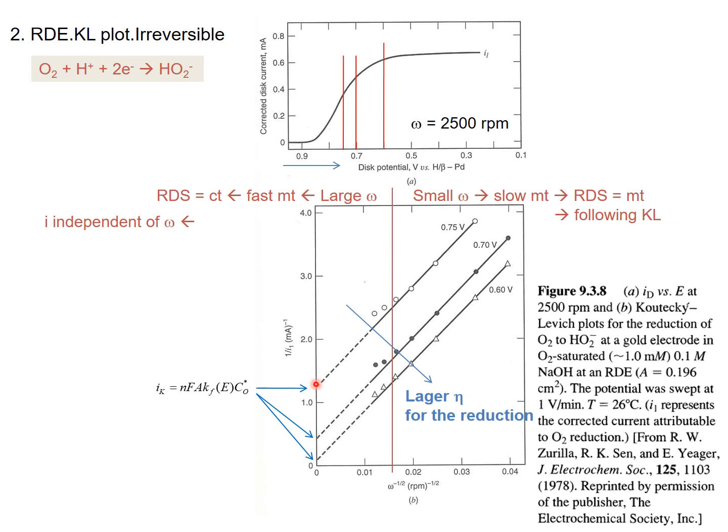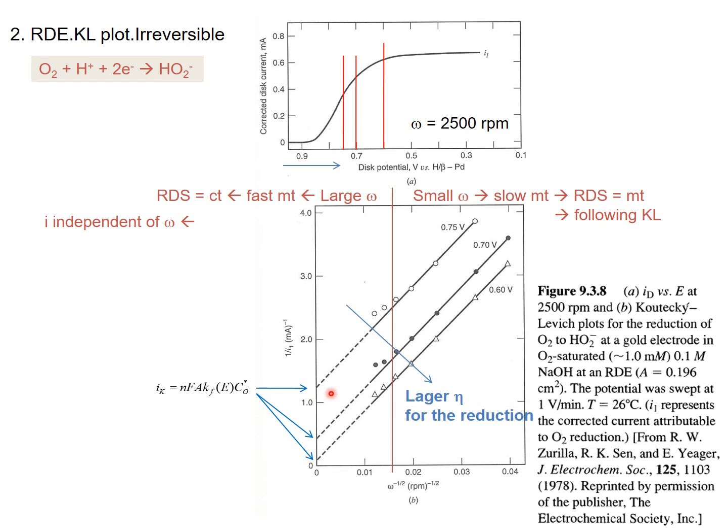Then the Koutecký-Levich plot for 0.75 volt is shifted upward from the 0.60 volt case. All of the 3 lines have the same slope. However, you can find different y-intercepts.